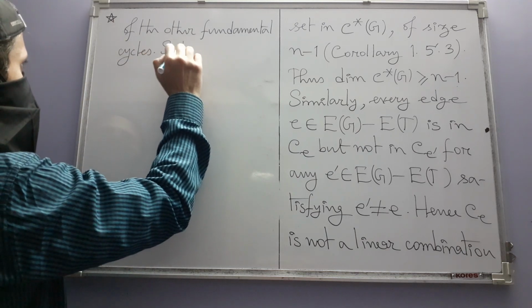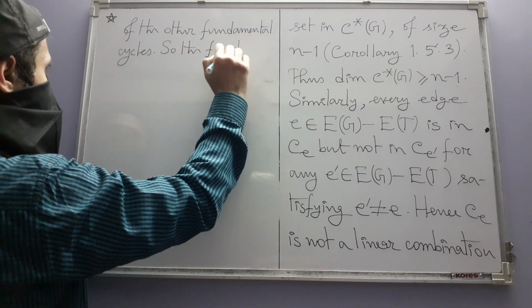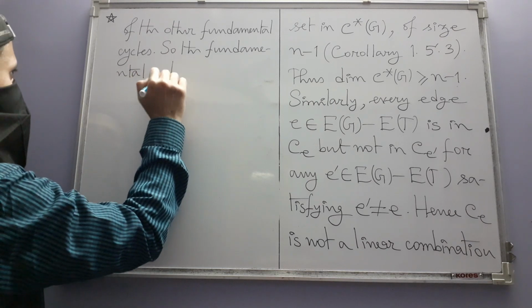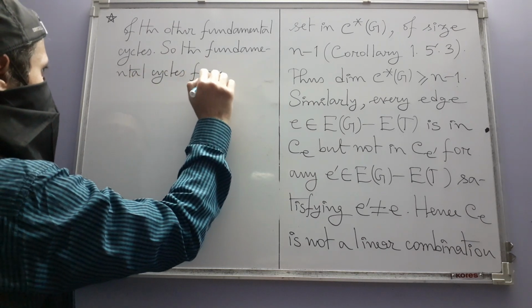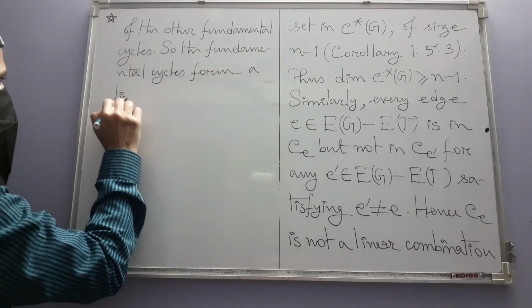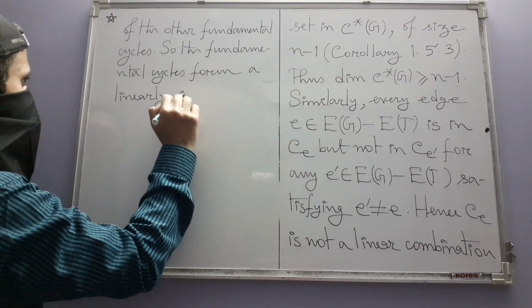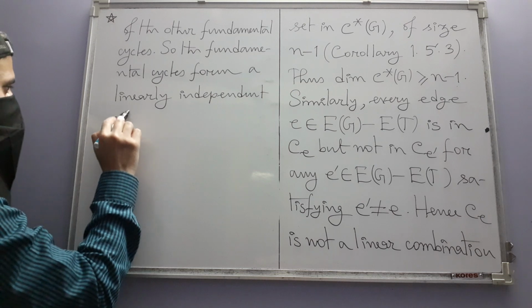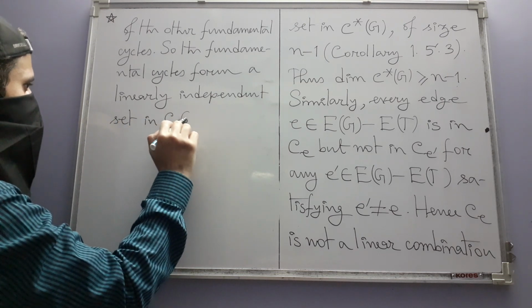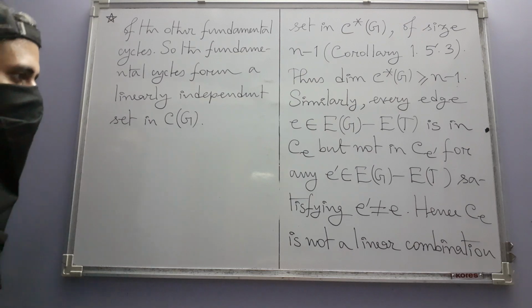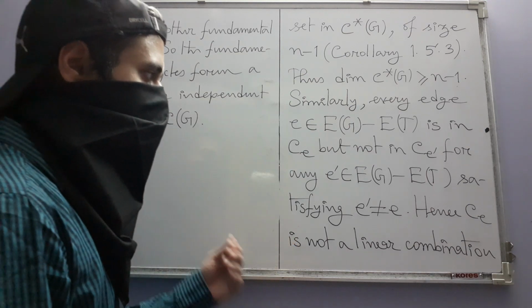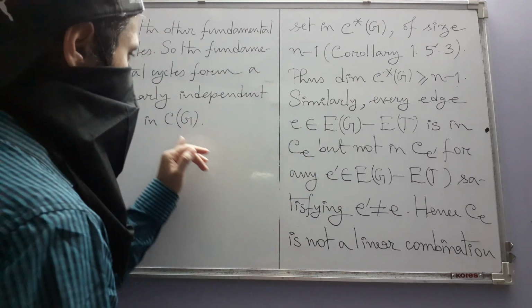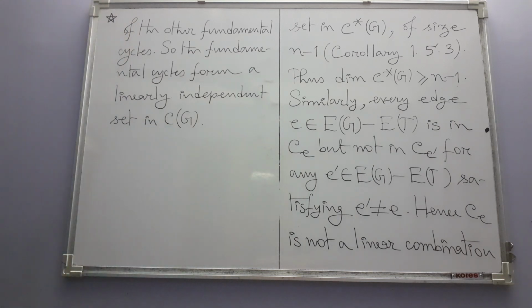So the fundamental cycles form a linearly independent set in the cycle space of G. They also form a linearly independent set in the larger space, the edge space of G, but specifically inside this, because all the cycles are going to be vectors in this subspace.